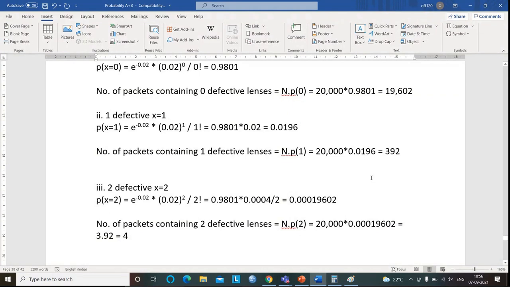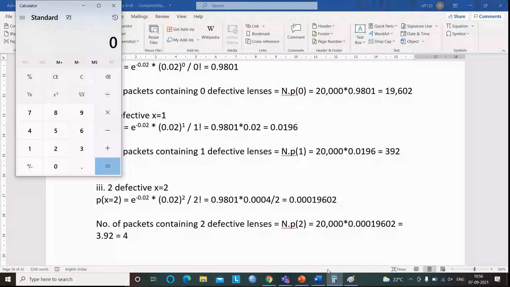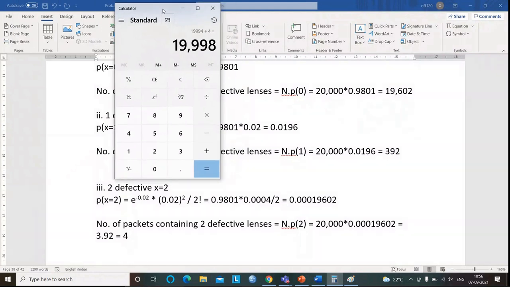Now let us find out whether we have done the calculation right or wrong. Number of packets with no defective lens is 19,602, plus number of packets containing 1 defective lens is 392, plus 2 defective lenses is 4, which equals 19,998 packets.